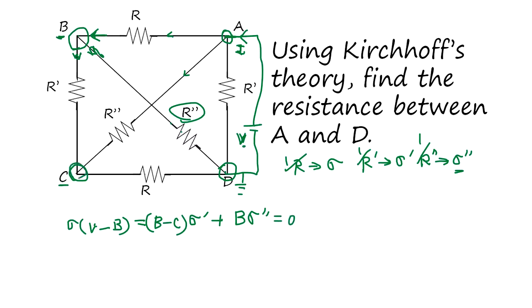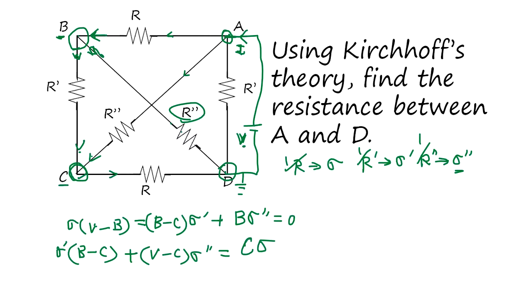How about this? The current flowing in, there are 2, this and that. So it's B minus C times sigma prime plus, from here, V minus C times sigma double prime. That's the total current here. Same as flowing out, which is R, so equals C sigma.